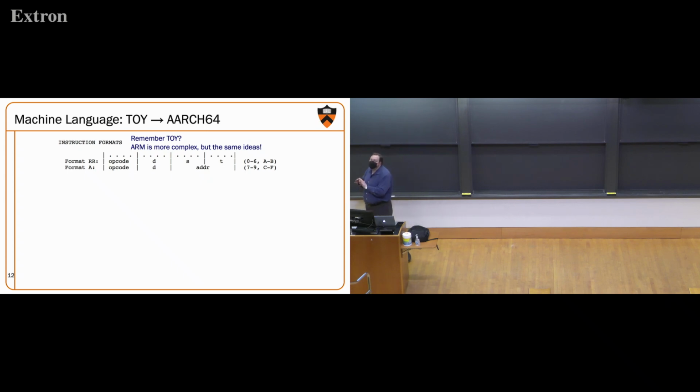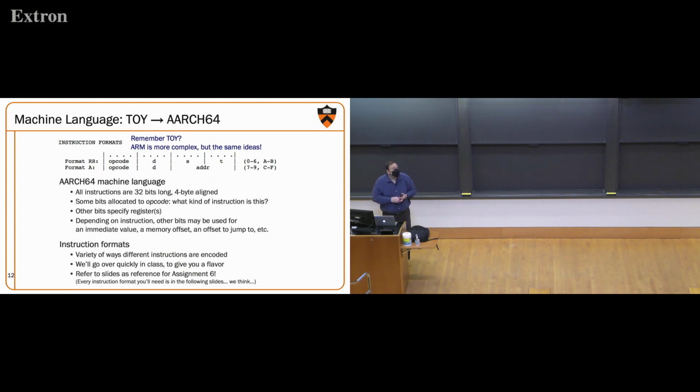Some bits are going to be dedicated to telling you which instruction it is. Some bits are going to be devoted to telling you what the instruction is operating on, whether that's registers or immediate values or offsets or addresses or whatever. And there's going to be a well-defined layout where the hardware within the machine always knows that it can check this set of bits, and that's exactly telling it what the destination register is.